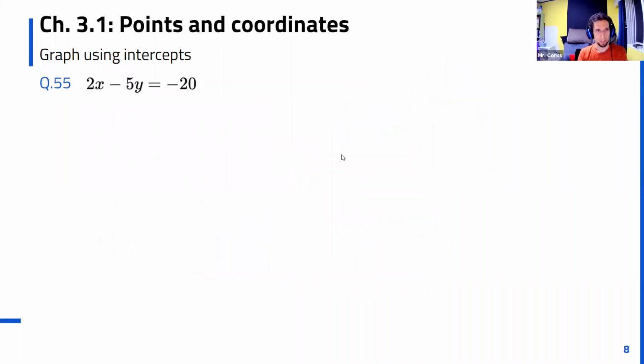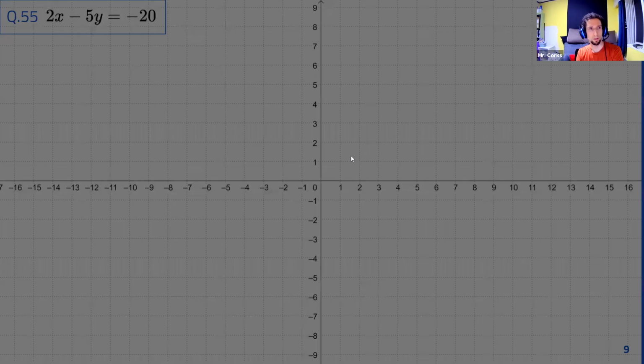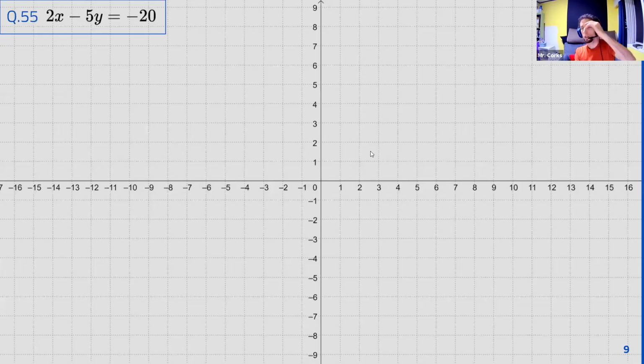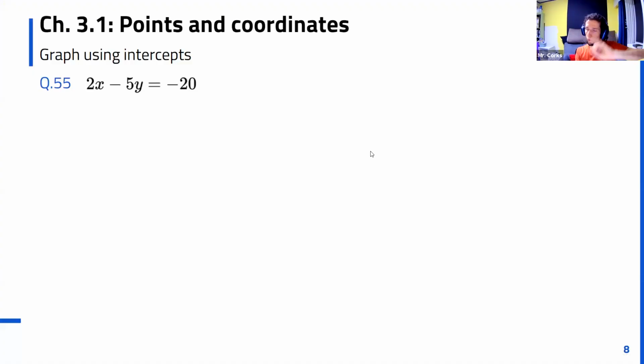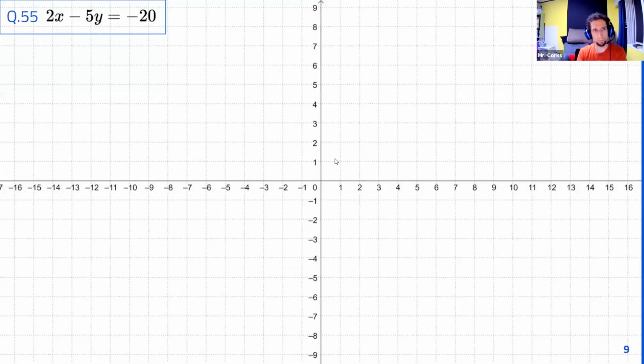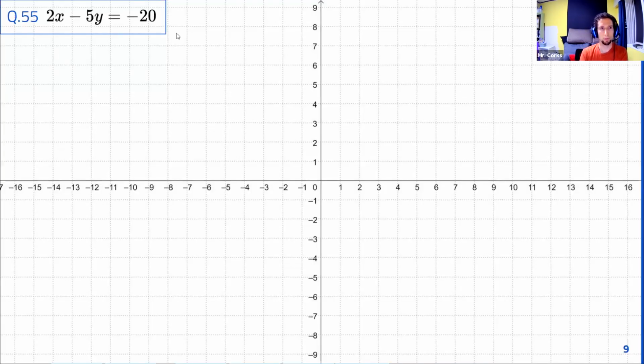All right, another example with that. So this equation in standard form: find the two intercepts and then draw the graph for this line based on those two intercepts. So I'll put the graph grid up here.